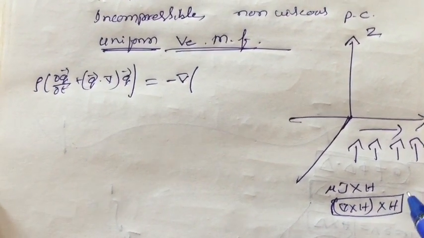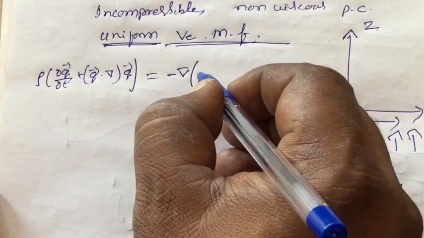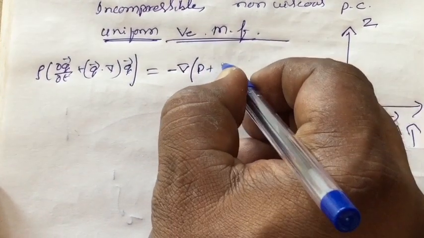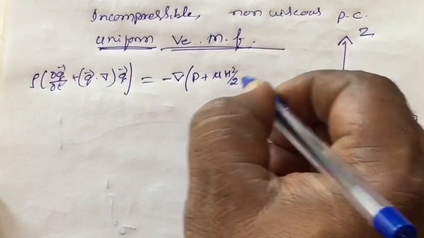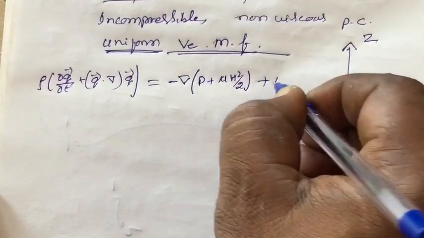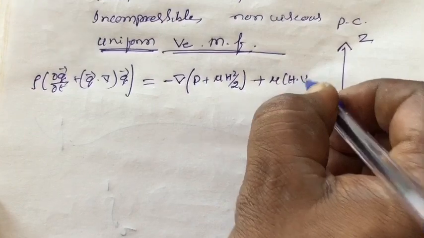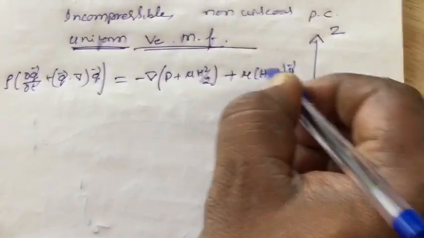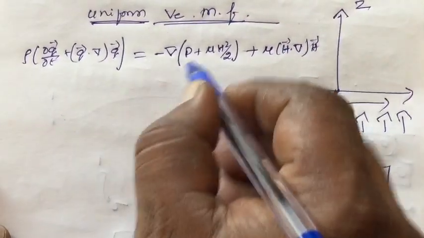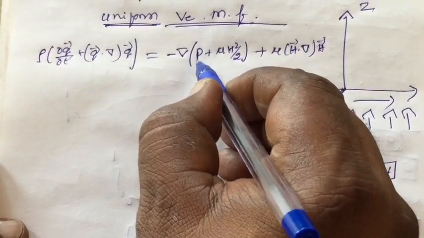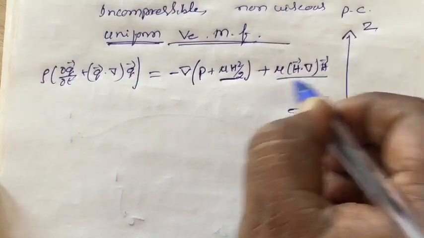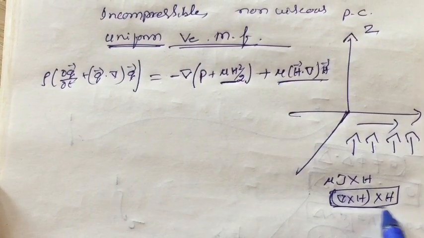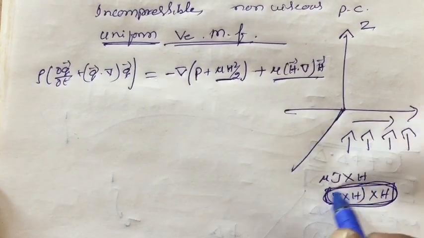On simplification you get gradient of (P plus mu H squared by 2) plus mu times H dot del of H, that is H dot gradient of H. These two terms are obtained from the expansion of the Lorentz force.